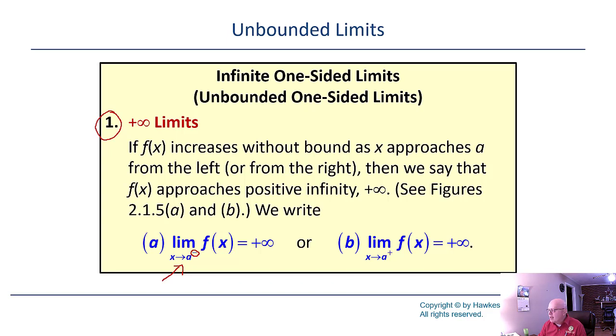And this means as x is getting close to this, the y values are getting bigger and bigger, but in a positive direction. On this one, it says as we approach from the right, the y values are getting very, very big, again in a positive direction.